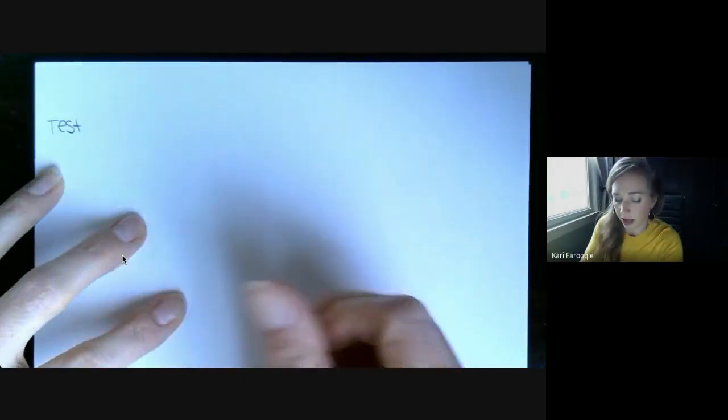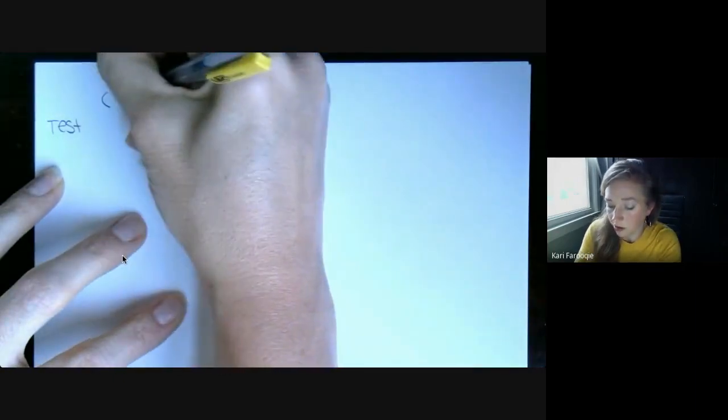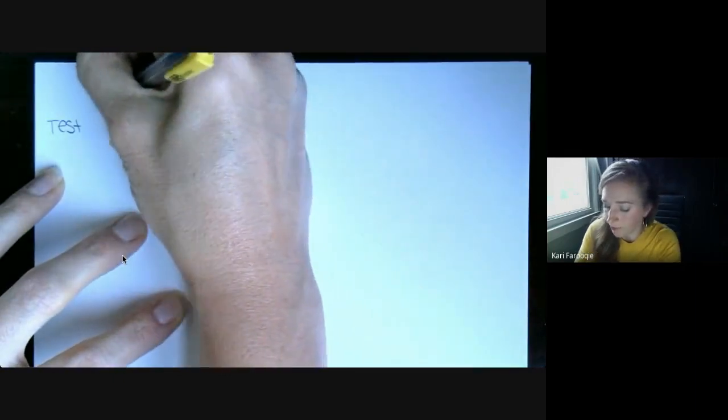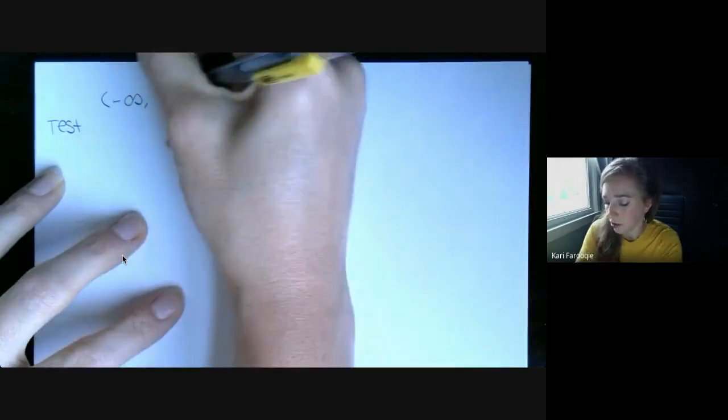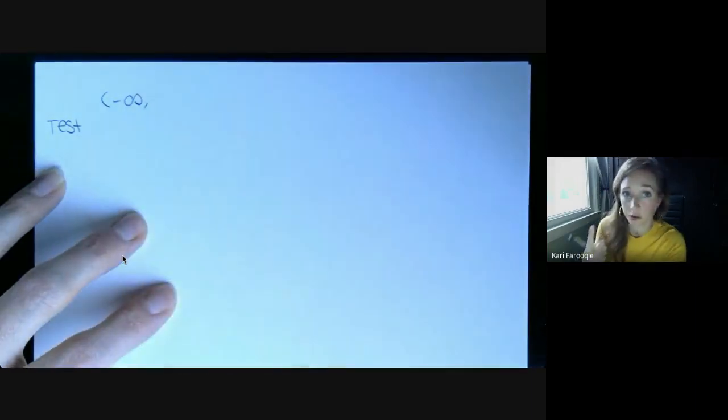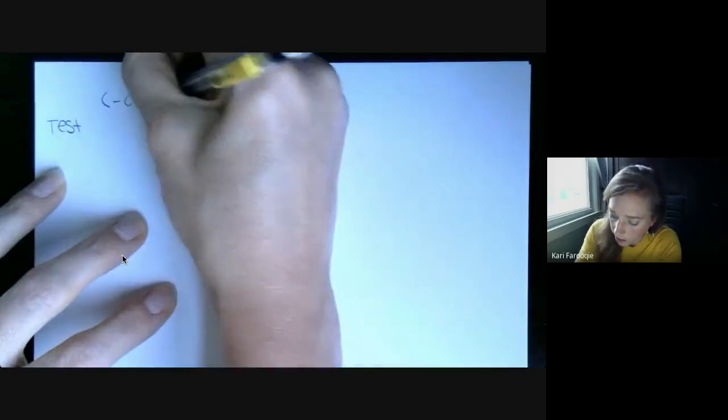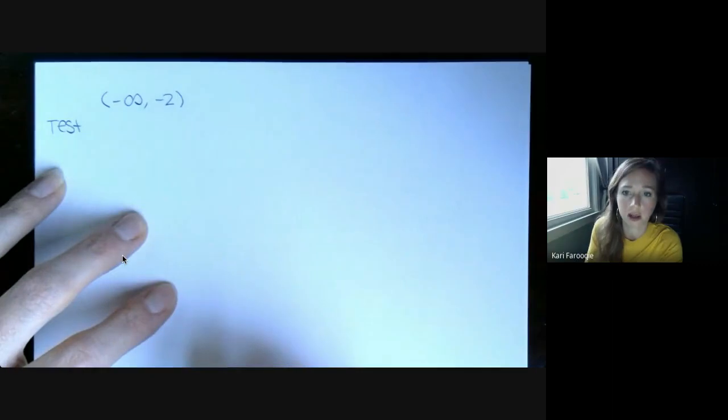And you're going to start the way that we always would start any chart, at the lowest value in your domain. And then you're going to work up to either the first point of inflection that you have, the first critical number that you have, or the first vertical asymptote that you have. Vertical asymptotes have to go in the chart. They must. And in our case, we have a vertical asymptote at -2.